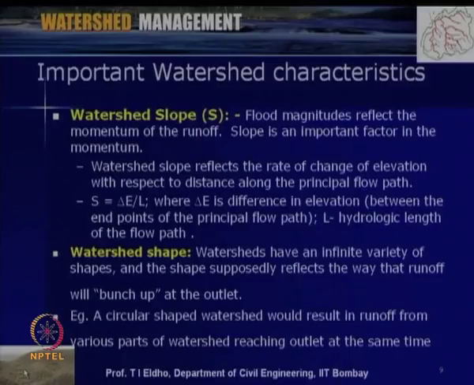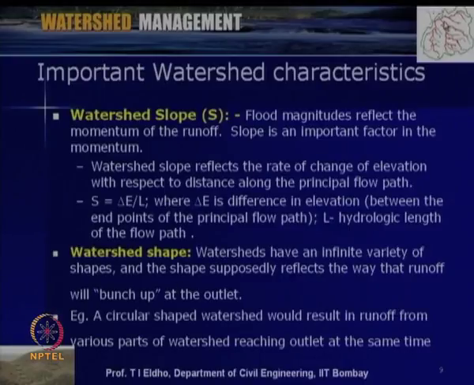For the watershed concerned, if this is the principal flow path, then the watershed slope reflects the rate of change of elevation. So, the slope S is equal to delta E by L, where delta E is the difference in elevation between end points of the principal flow path, and L is the hydrologic length of the flow path.